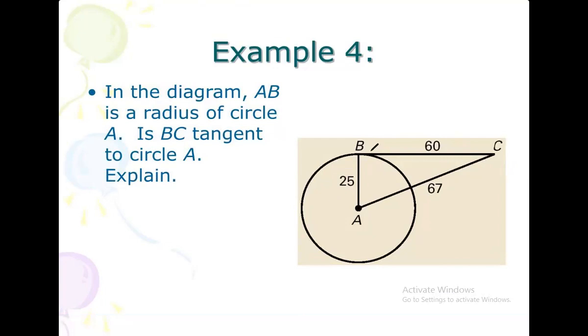If we want to prove that BC is a tangent, then AC should be the hypotenuse.